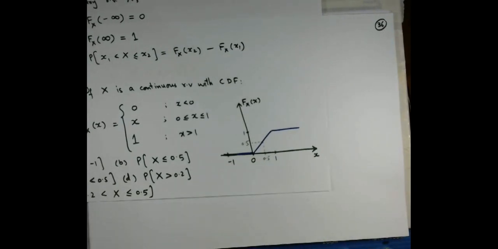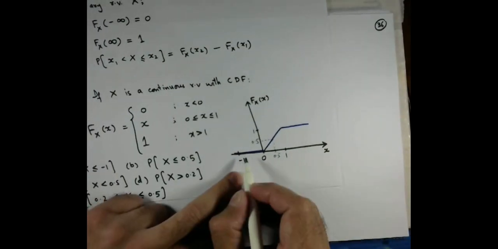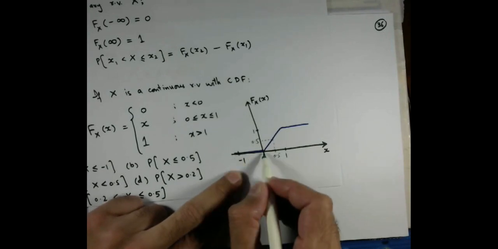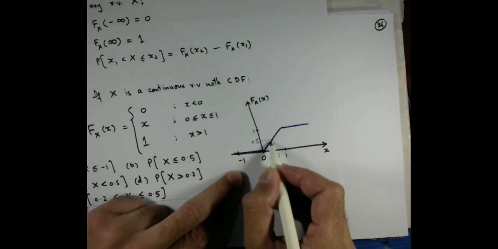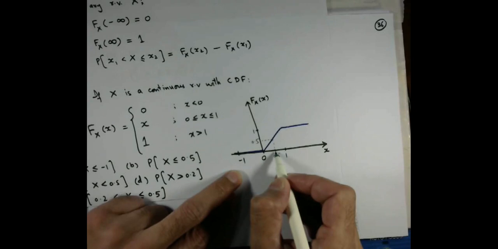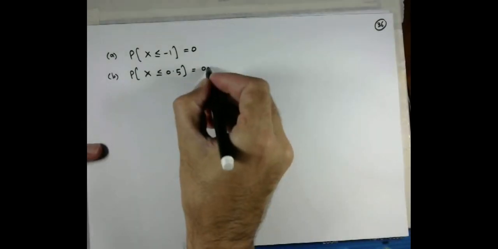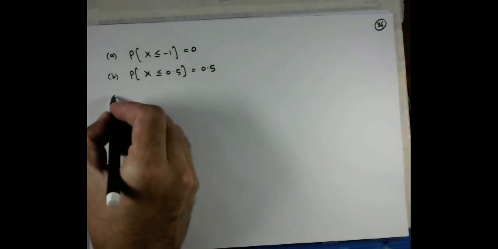So the probability that x is less than or equal to 0.5 means the total probability. Remember, this is the cumulative probability. So the total probability till x is equal to 0.5 is rising like this, so it is 0.5. The total probability till x is equal to 0.5 is 0.5. So we write this probability as 0.5.